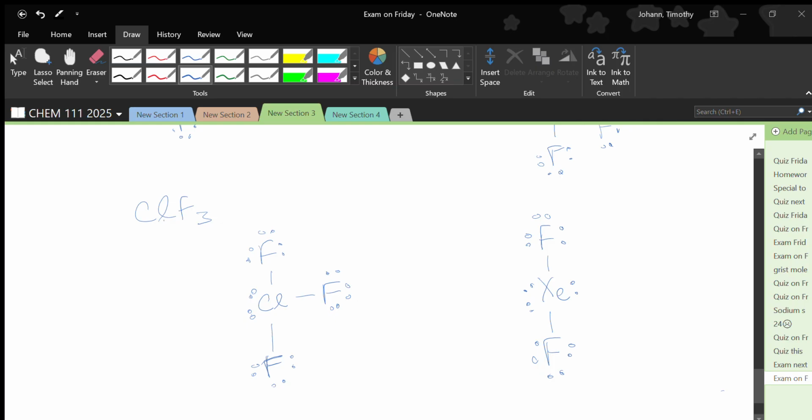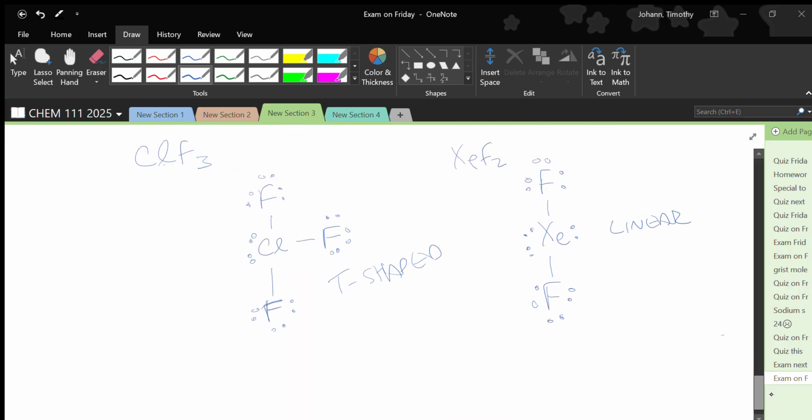Remember that trigonal planar is right here? It's taken up by 1, 2, 3 pairs of lone pairs of electrons. So this is xenon F2, and this is going to be linear. Okay, this was T-shaped. This up here we said seesaw.